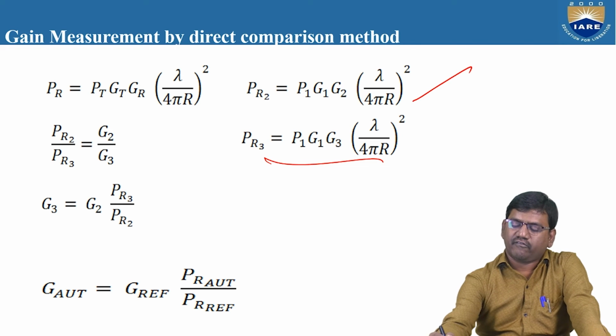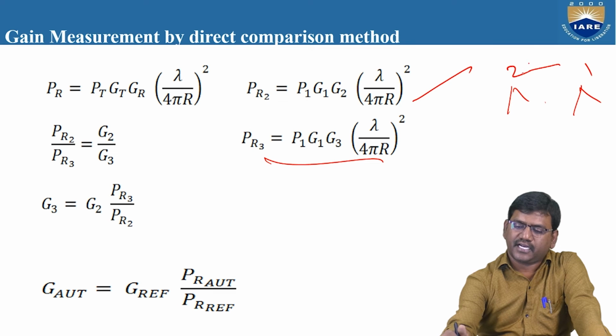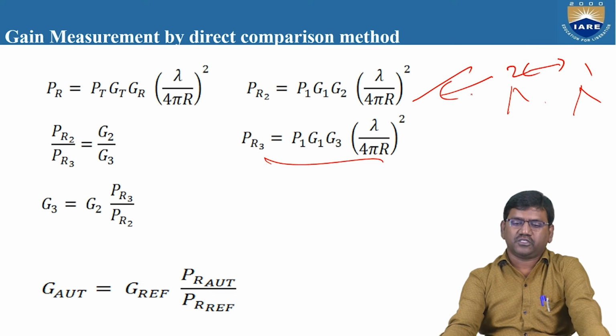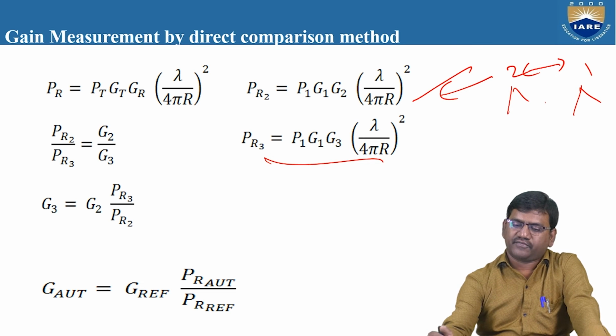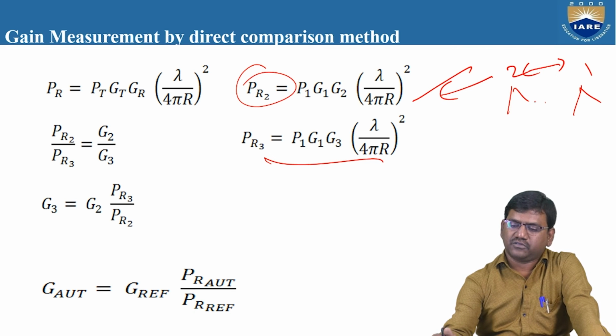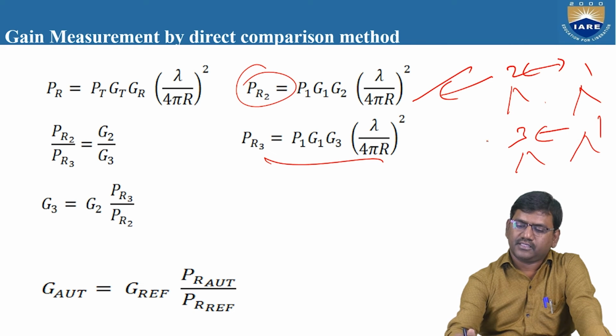So what we did here is, 1 and 2 were connected first, and we wrote the equation PR2 is equal to P1 G1 G2 into lambda by 4 pi r whole square. After calculating the power received, we disconnected antenna 2 and connected antenna 1 to antenna 3. This 3 is nothing but a standard gain antenna.